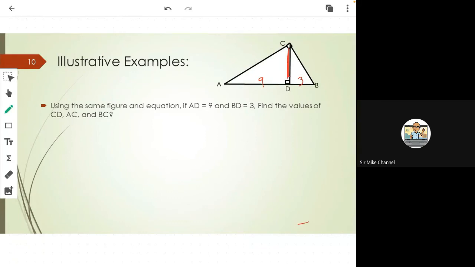So, again, class, ito yung altitude natin. So, diba nag-derive natin mga formula nito? Itong CD, so, number 1, so, yung CD is the square root of the product of itong line segment AB and line segment DB. Ayan. So, shortcut ko na.